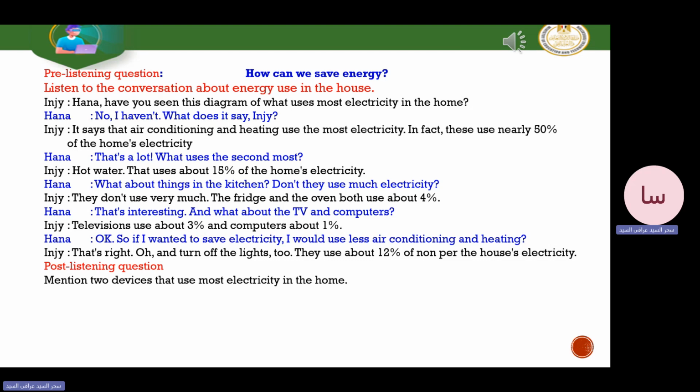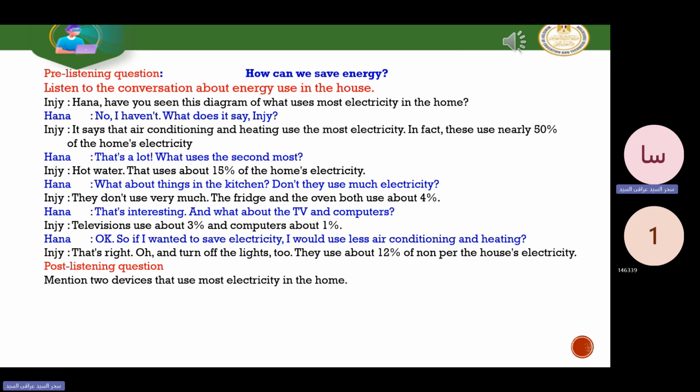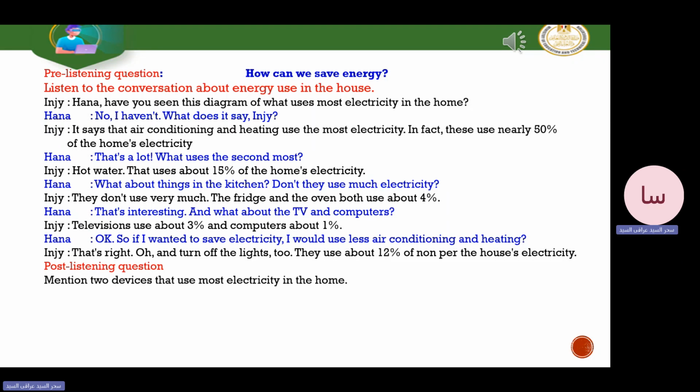What about things in the kitchen? Don't they use much electricity? They don't use very much. The fridge and the oven both use about 4%. That's interesting. And what about the TV and computers? Televisions use about 3% and computers about 1%.